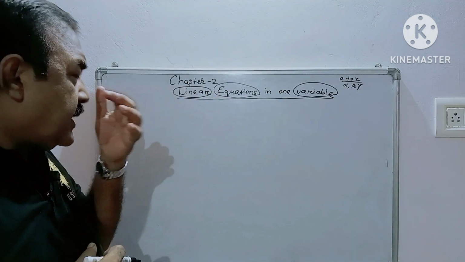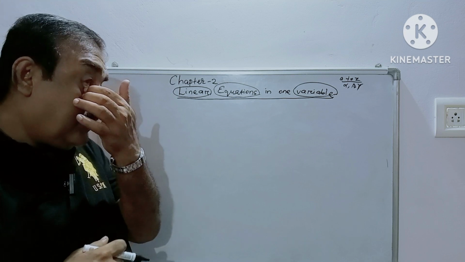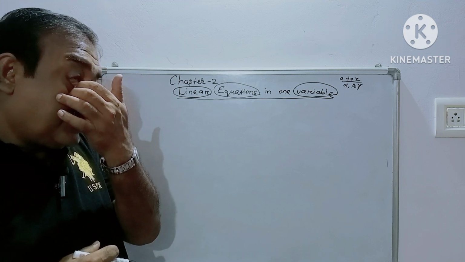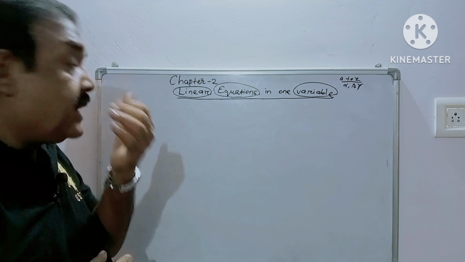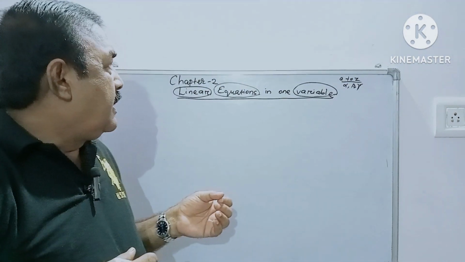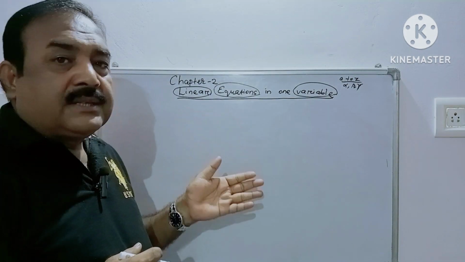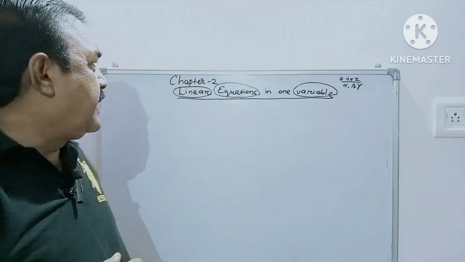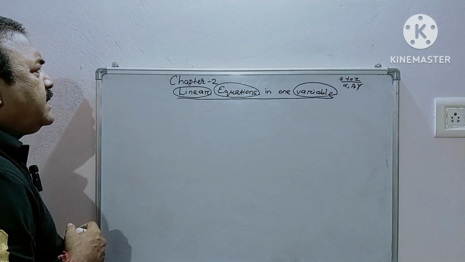And you see, first we will know what is equation. Already you have known to some extent in your class 6, and also you must have known in class 7, and now you are in standard 8, class 8. You must have known what an equation is. You see, what is an equation?